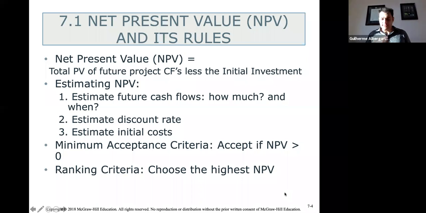So NPV is this: you estimate all the cash flows that the firm will have, and you also estimate all the cash outflows the firm would have. And then you bring them all to present value. So let's just say that a firm is buying a car factory and expects to receive $1 million every year, let's say for 15 years.